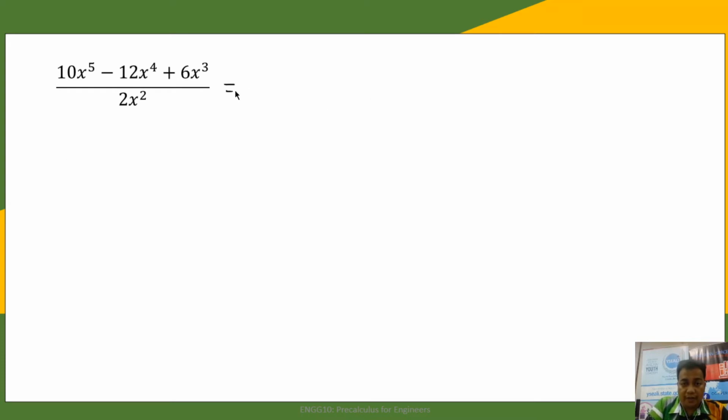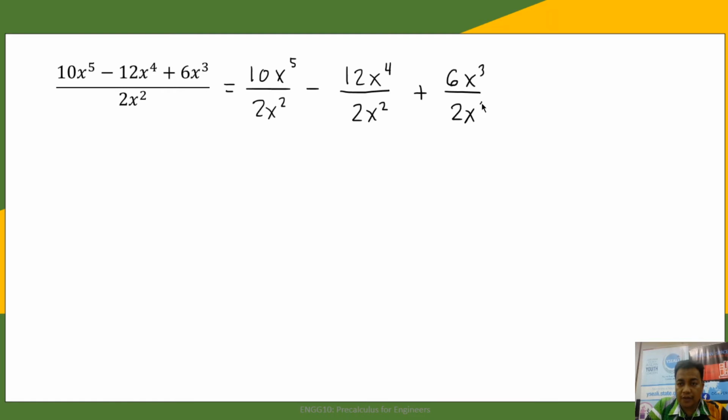We shall write this as 10x raised to 5 over 2x squared, minus 12x raised to 4 all over 2x squared, plus 6x cubed all over 2x squared.